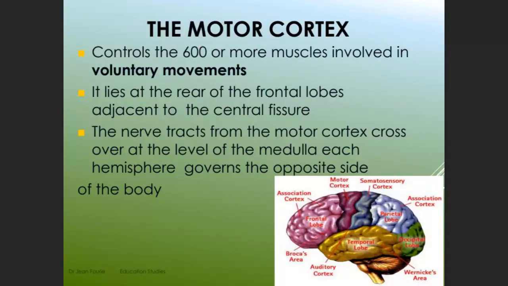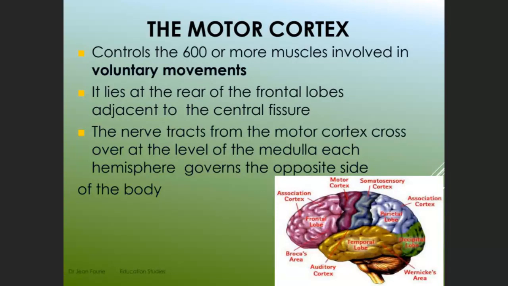If we look at the motor cortex, this little red area is the part that is controlling the 600 or more muscles involved in our voluntary movements. So when we want to move our little toe, the instruction comes from the motor cortex.